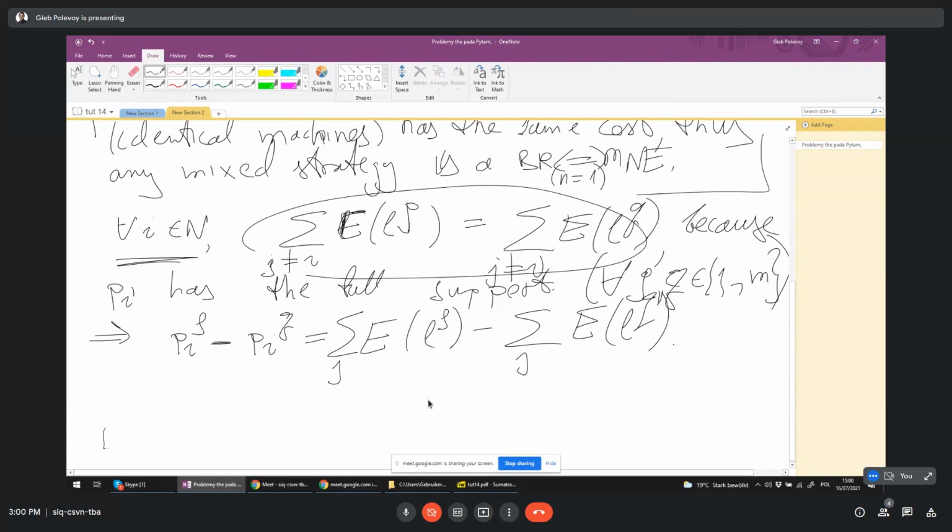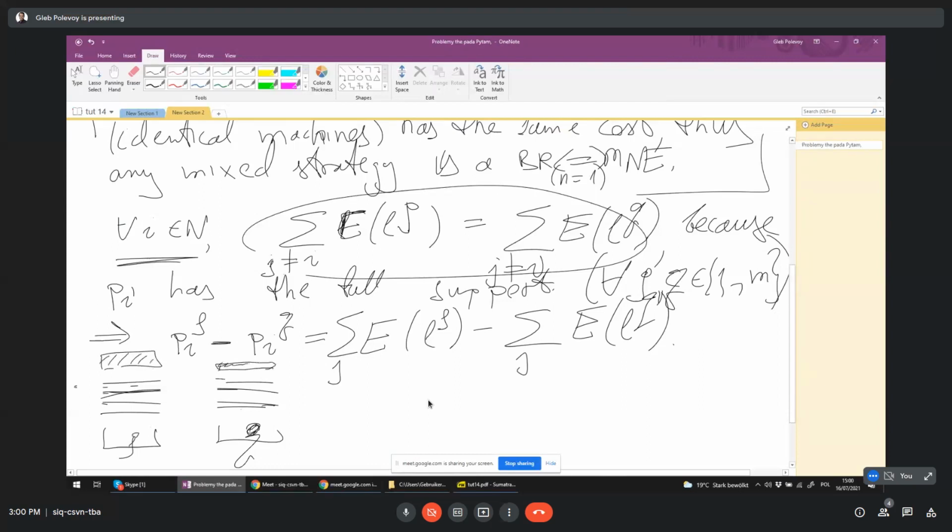Let me just write the illustrations. So for example, I have rho and Q, two machines. All the players beside player I have exactly the same picture for those two machines. Maybe player I actually has something larger for machine rho than for machine Q. Maybe.